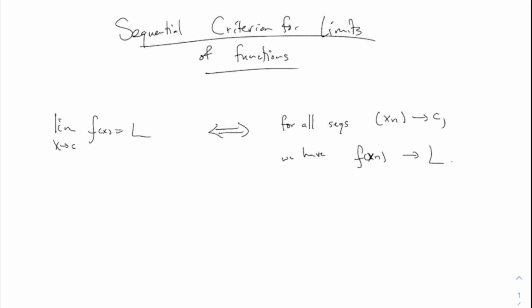All right? Now, the thing on the right side is not very convenient to use to prove that a limit actually exists, because you need to somehow consider all possible sequences and then prove that this other sequence goes to L. And this is difficult to do directly.